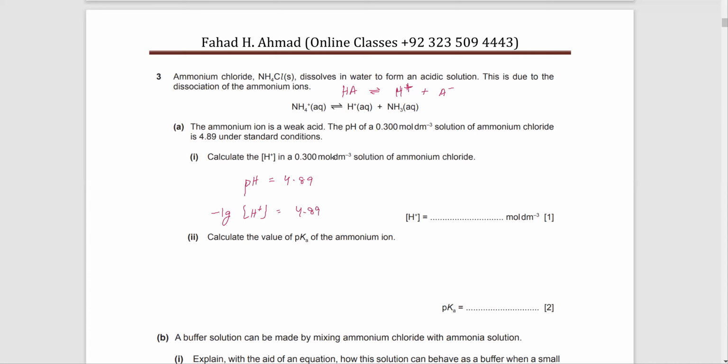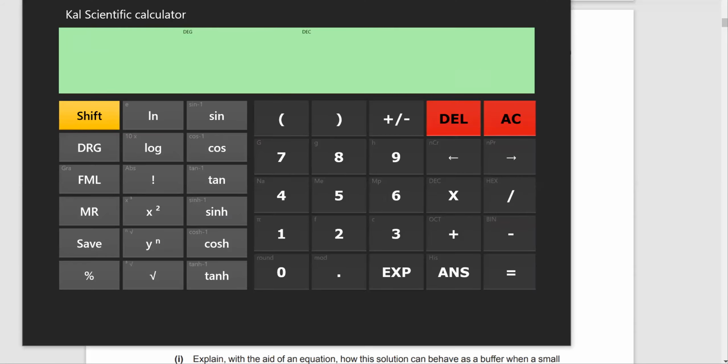So if you make H plus 1 the subject of the equation and take anti-log, it's going to be 10 to the power minus 4.89. What's the value?